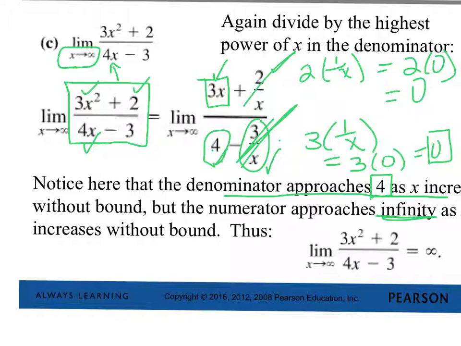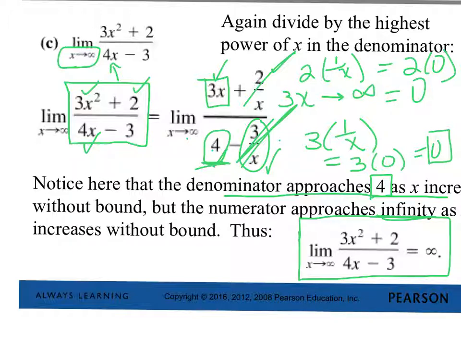So actually what happens is that as x approaches infinity, 3x approaches infinity. And infinity divided by 4 is still infinity. So this limit is actually infinity. The value of that fraction increases without bound as x gets larger and larger and larger.